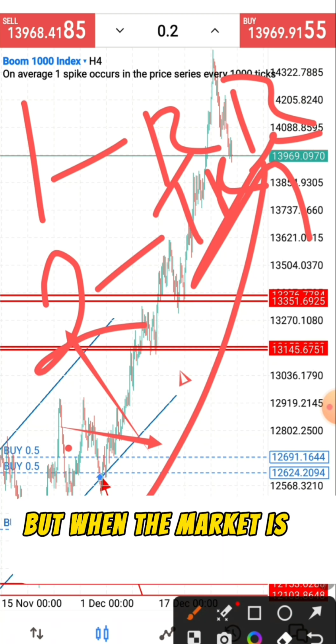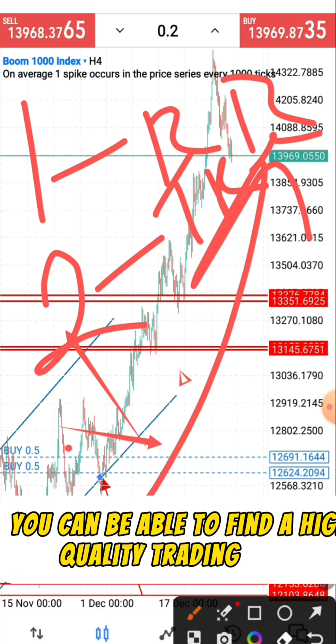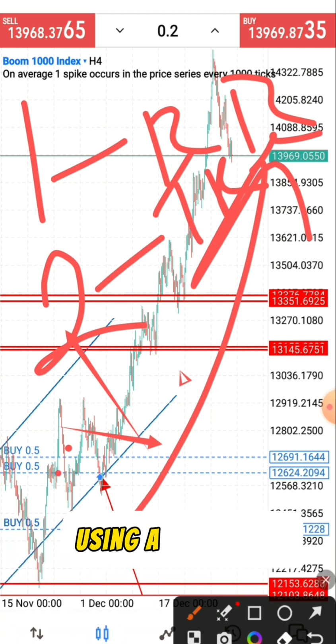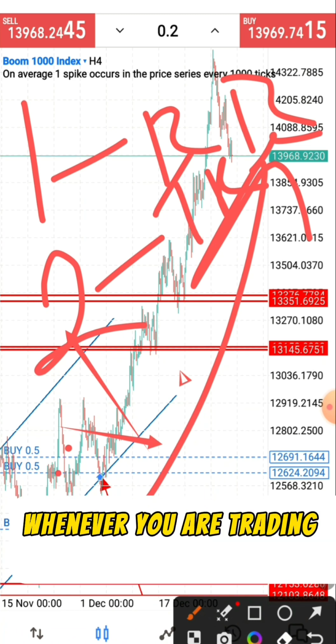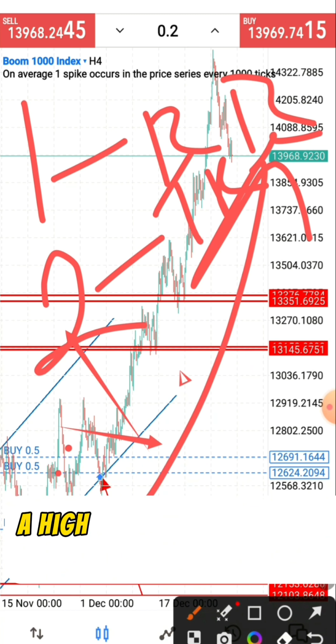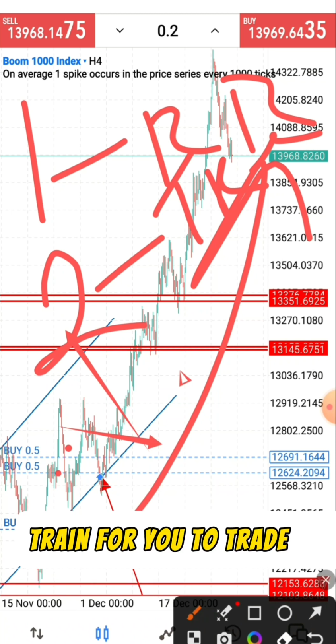But when the market is in a downtrend, you can find a high quality trading setup using a sell signal. That is what you should understand. Whenever you are trading, a high quality trading setup should give you the full direction of the market trend for you to trade it.